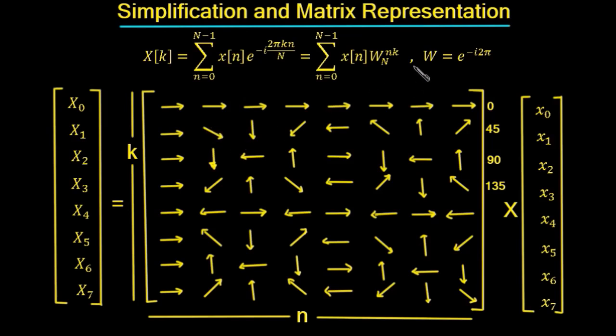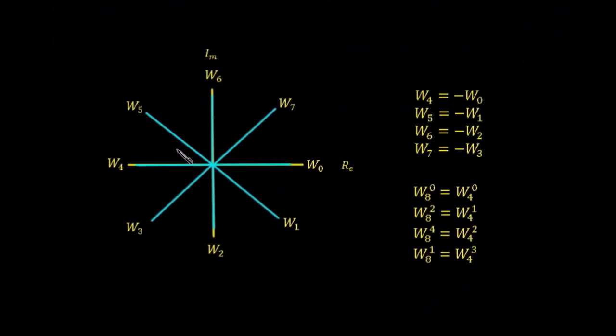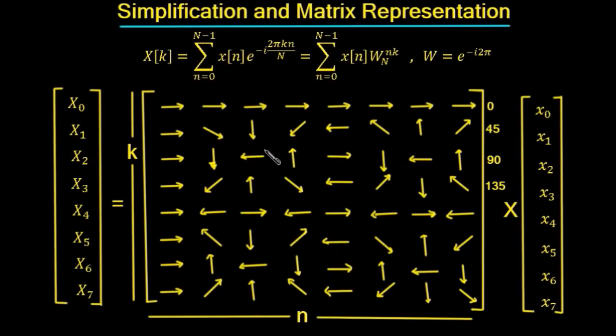Now, thing to note here, it's actually e to the minus j 2 pi, so it's actually going in the clockwise direction. So we're going to be starting off at this point here, and we'll be working round our circle in a clockwise direction. So we can see here we're going to move in effect 45 degrees at a time, so that's going to go in this direction, this, and this, okay?